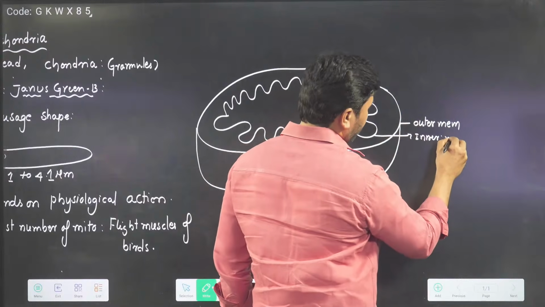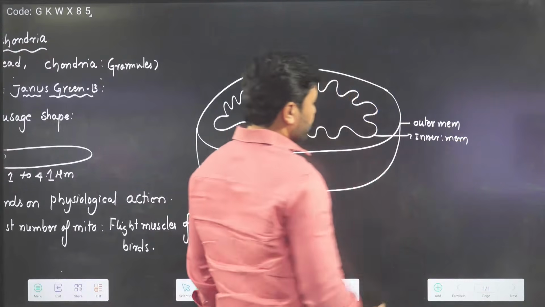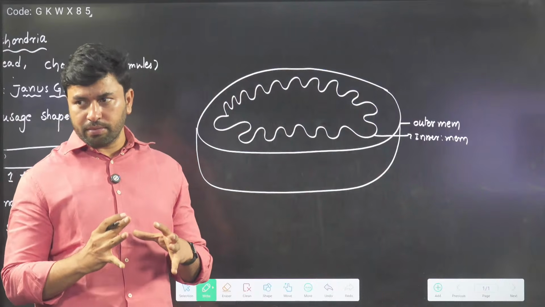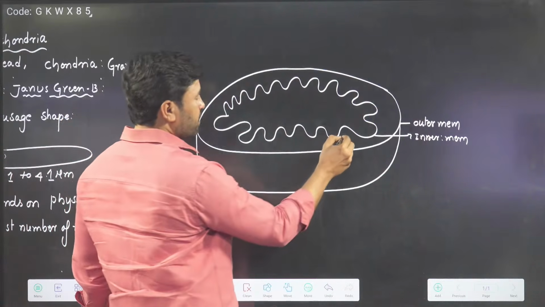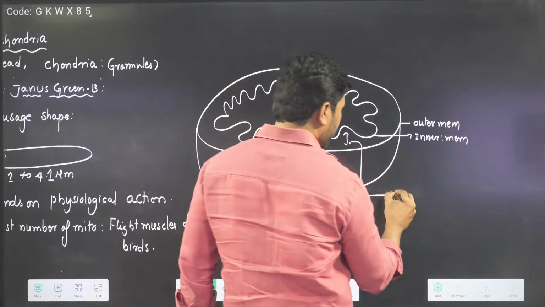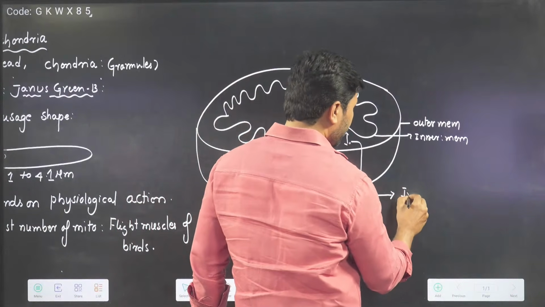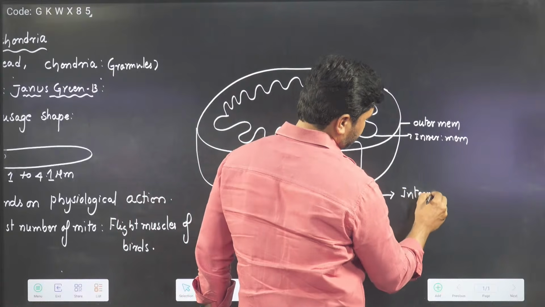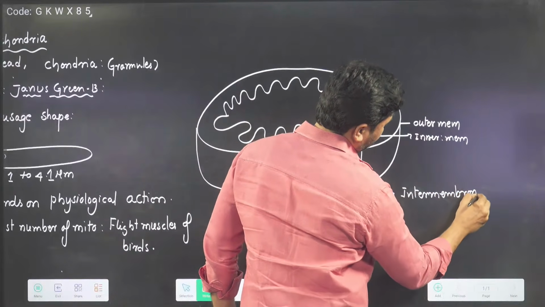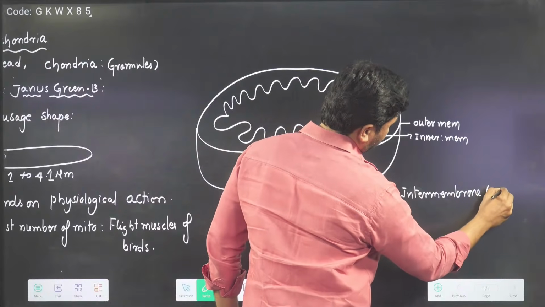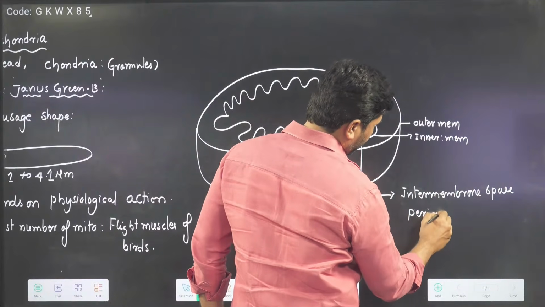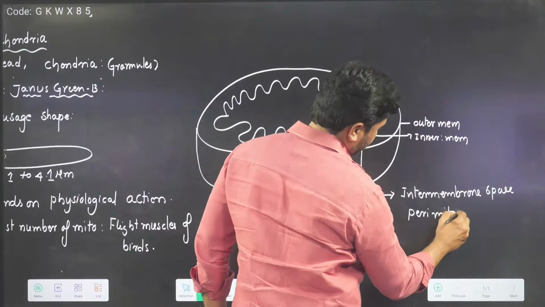The inner membrane and outer membrane have some sort of gap. This gap has a name: intermembrane space, or sometimes it is also called perimitochondrial space.